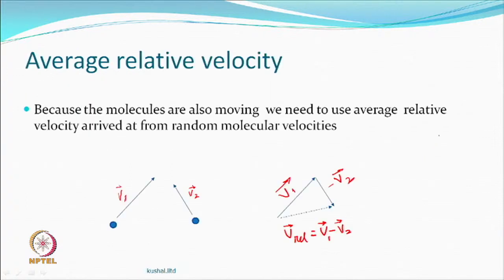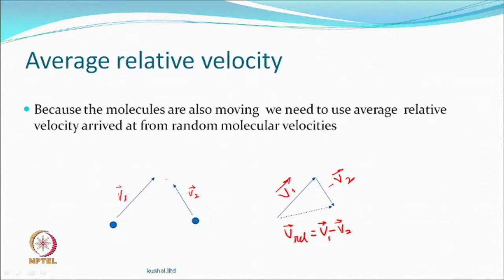So, how do we find the average relative velocity and what do we mean by that? One molecule is moving with a velocity v1, and the direction also matters, so it is a vector quantity. You show it as a vector v1, and the other is moving with vector velocity v2.